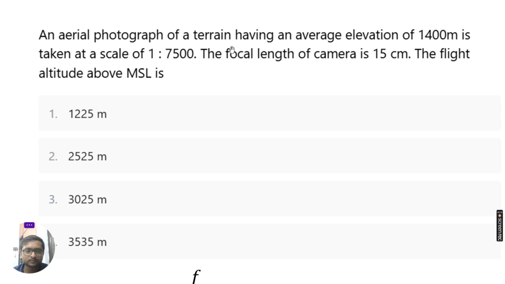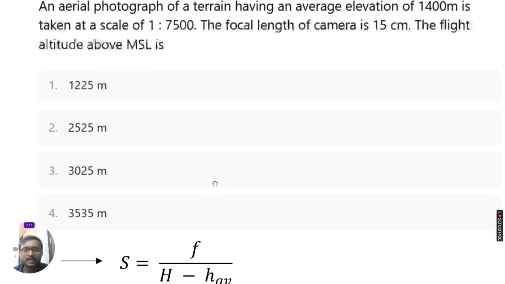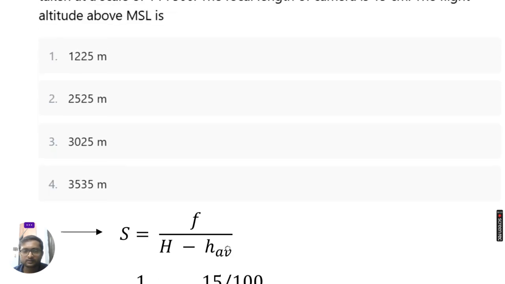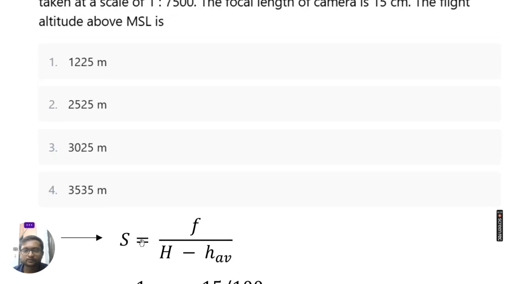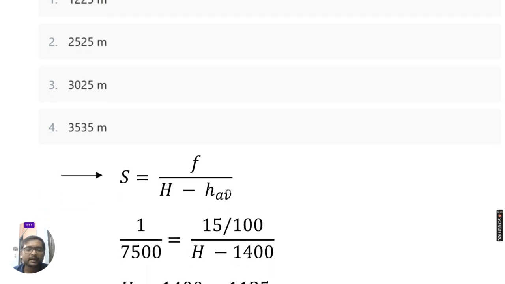So I think now we will see the solution. First we will put the formula, which is the scale of an image or scale of a map is equivalent to f, the focal length of the camera, divided by capital H, the flight height, minus the average height of the terrain. In the question, the scale of the map is given, which is 1:7500.